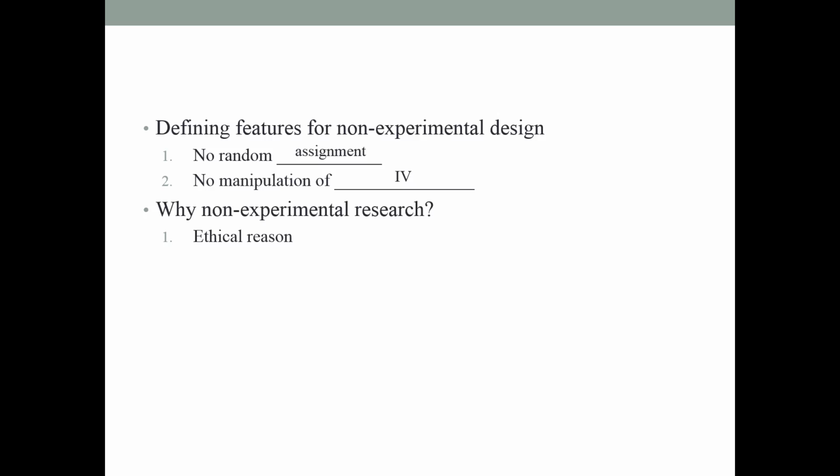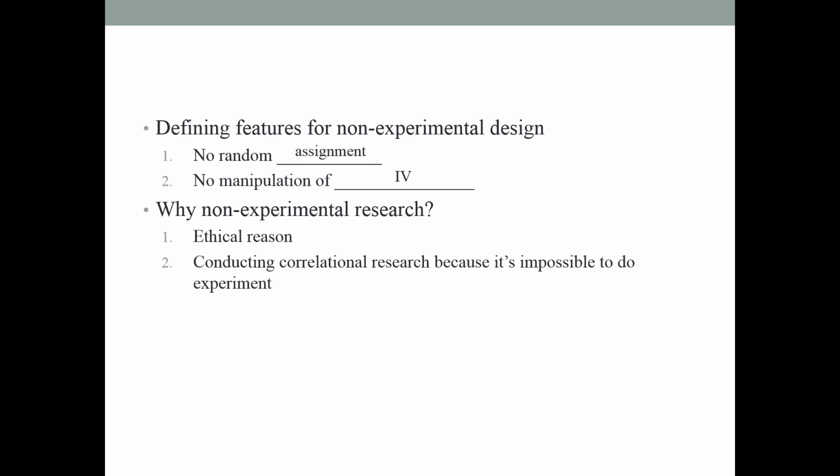You are not going to do an experiment. It's unethical, right? You assign some children to live with an alcoholic parent and some children not? That's not going to happen. So for ethical reasons, instead you just follow up some existing families.